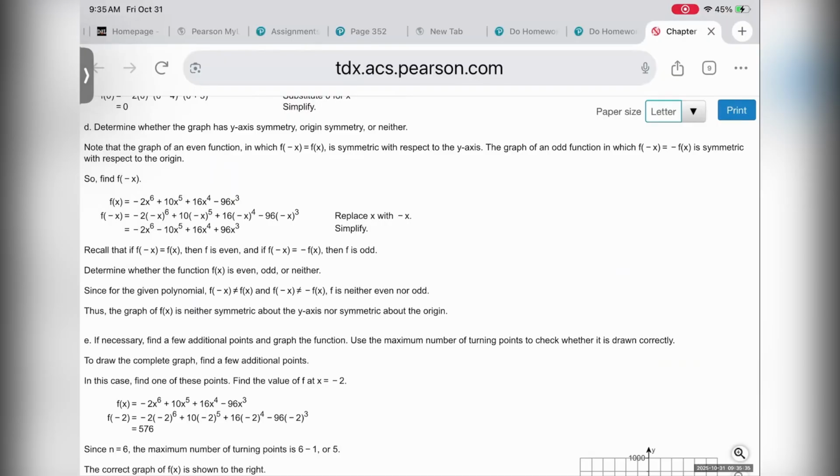So if you plug in -x, do you still get the same function out? So if f of -x equals the original function, then the function is even. If f of -x makes it the opposite, that's how you read that. Recall that if you plug in a negative x and you get the same exact function out, then the function is even. And what is the symmetry when it's even?